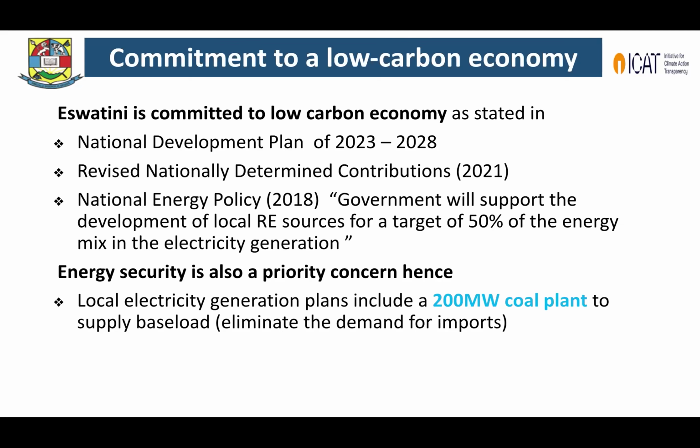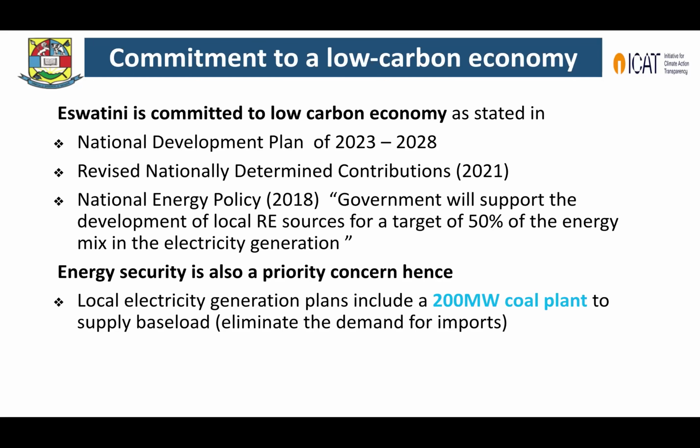And the revised Nationally Determined Contributions, which is the NDC for 2021, also has a lot of renewable energy commitments. And then we have the National Energy Policy, which is the one that was assessed using the ICAT tool, which states that the government will support the development of local renewable energy sources for a target of 50% of the energy mix in the electricity generation.